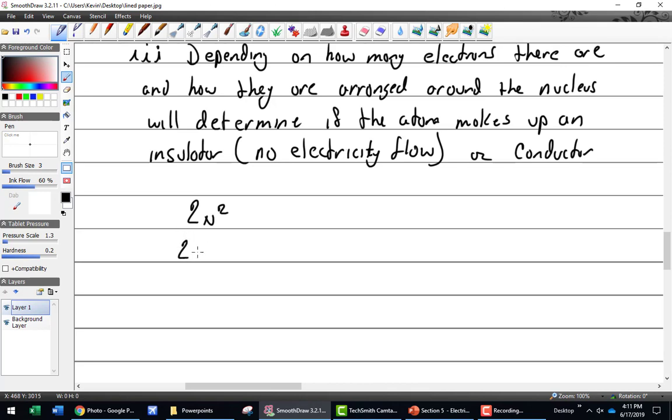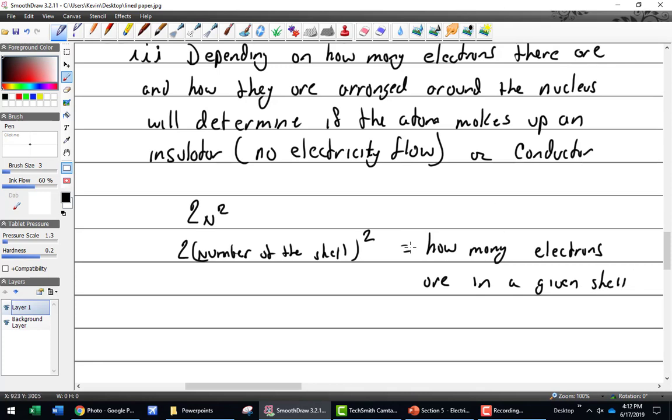So it's 2 times the number of the shell squared, and that tells me how many electrons are in a given shell.